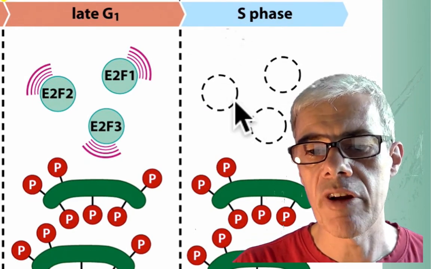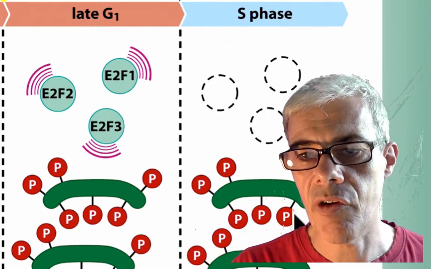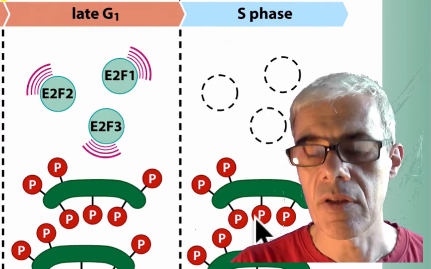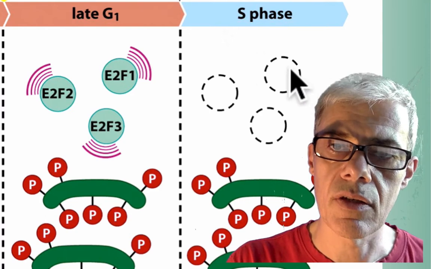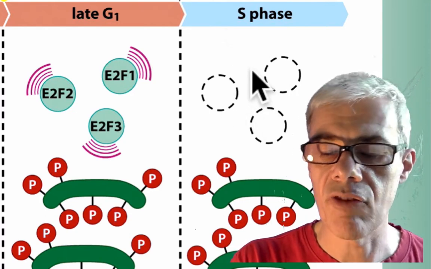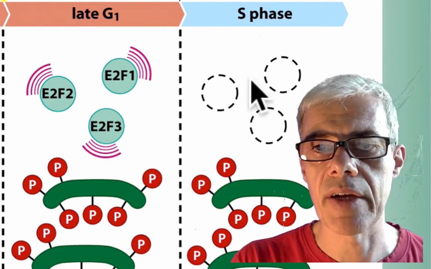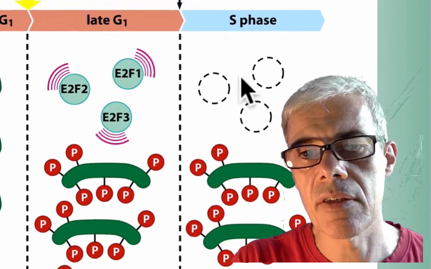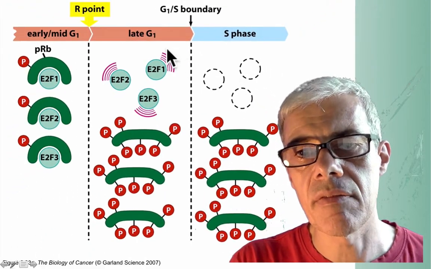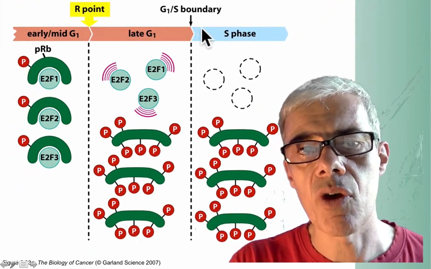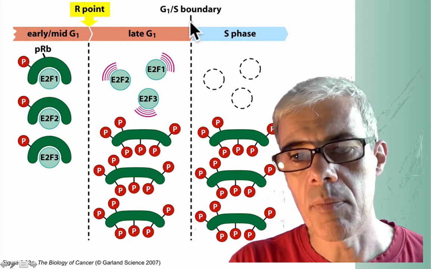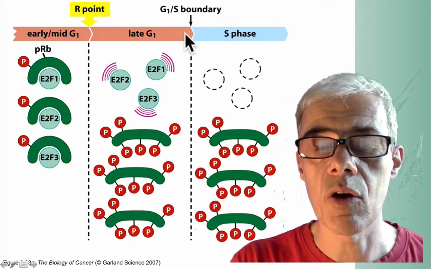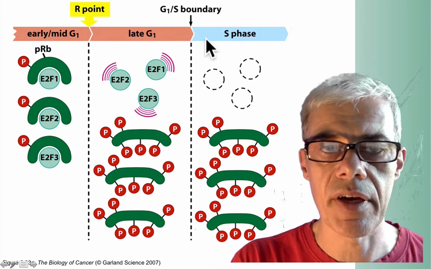Even though retinoblastoma is still heavily phosphorylated, other cellular controls regulate and remove the E2F transcription factors. So the E2F transcription factors are momentarily active as the cells cross the restriction point, preparing the cell so that it can move into S phase.